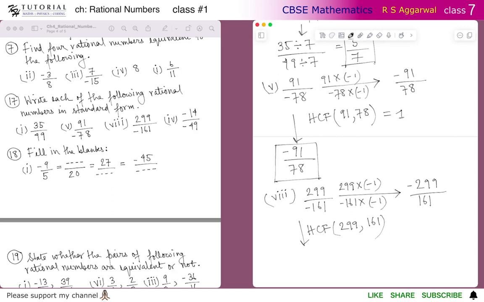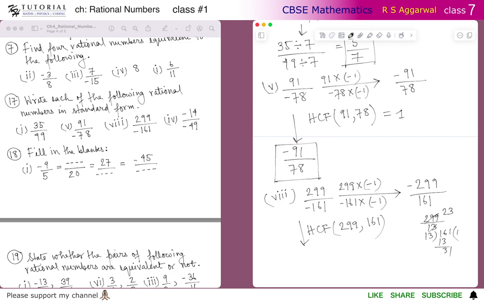Is there any number that divides both these numbers? 3, no. 13 divides 299, 13 times 23 is 299. Does 13 divide 161?